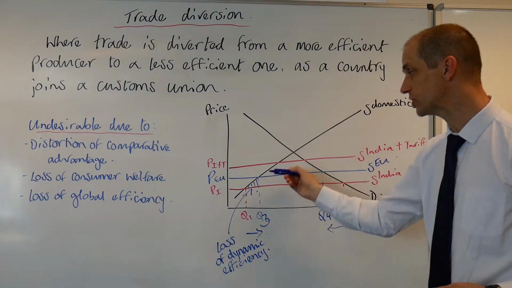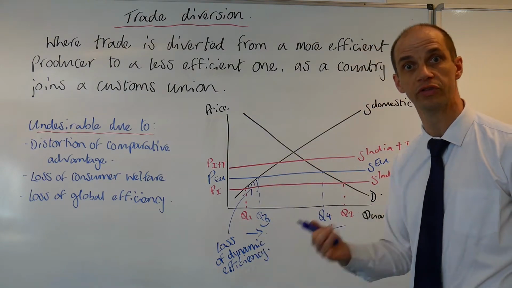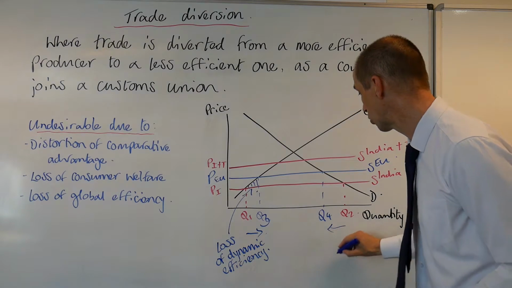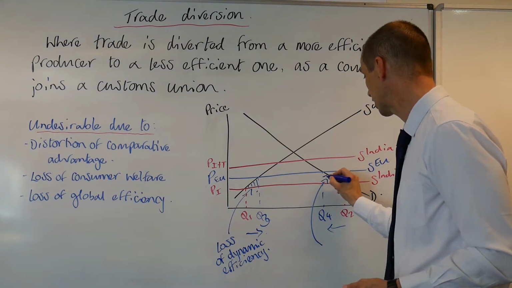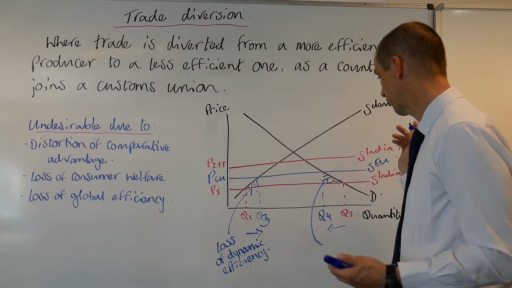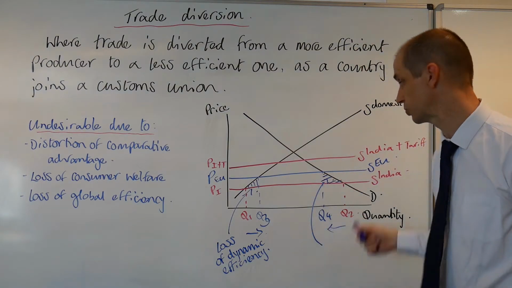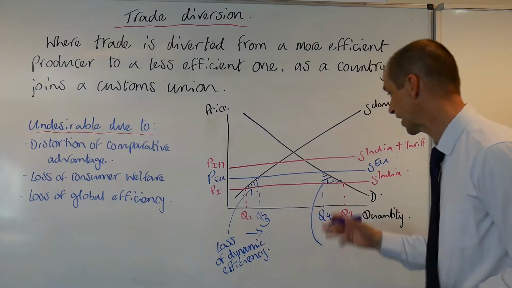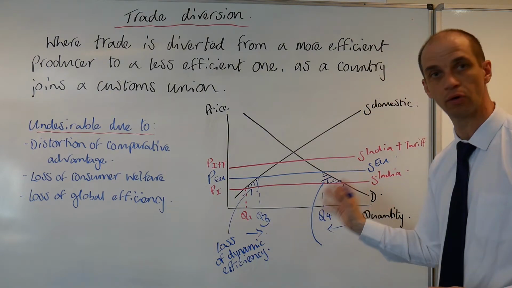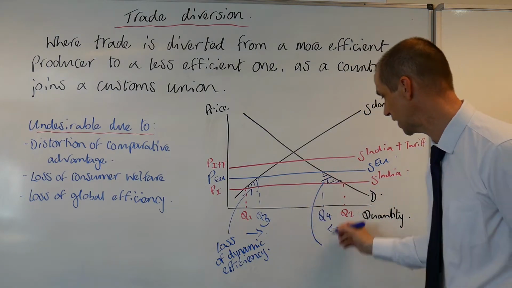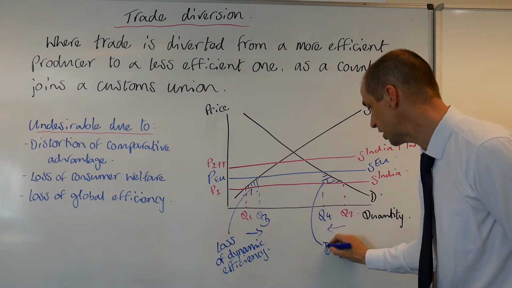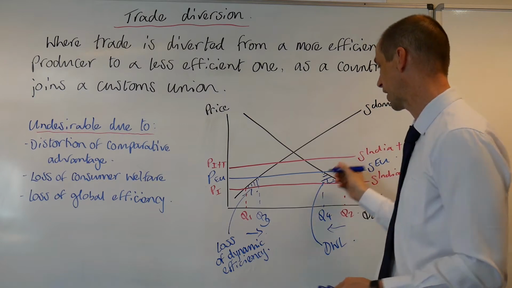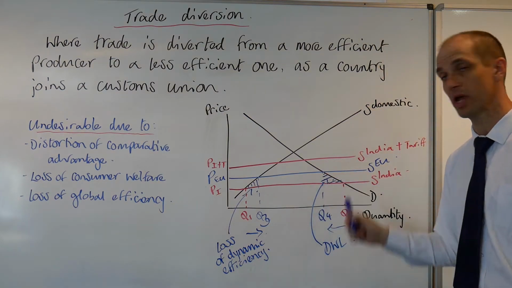So we can see a loss of dynamic efficiency for the domestic economy there. Moreover, what we can also see reflected in this area is a complete loss of consumer welfare, as well as the fact that output is much reduced from the Indian economy. Of course, there's less trade taking place. So therefore, there is a deadweight economic loss reflected by this area here.